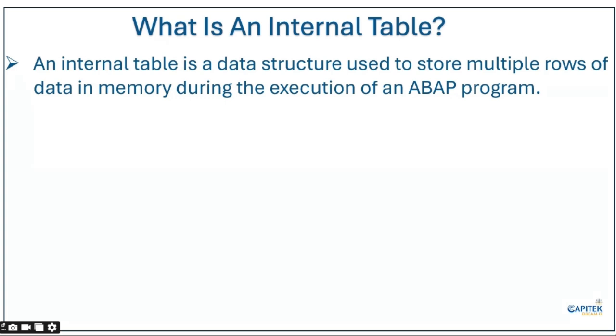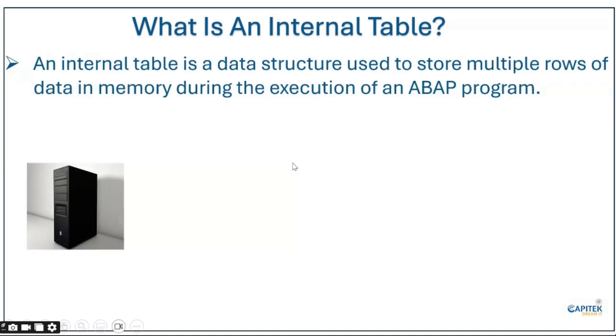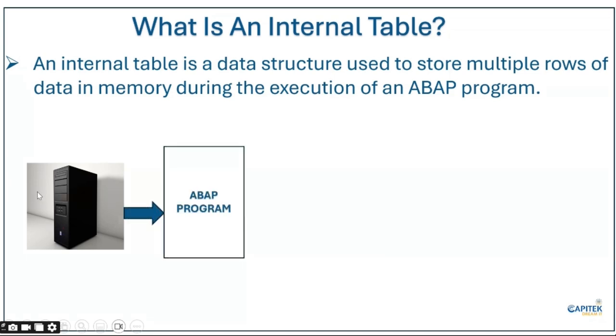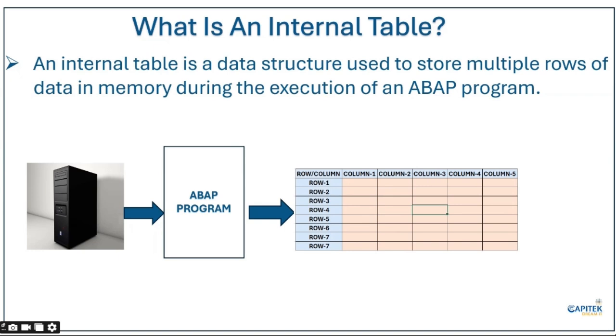Let us suppose this is your computer memory. Now, in your computer memory, let us suppose there is an ABAP program. You have written an ABAP program, and that ABAP program contains a table.